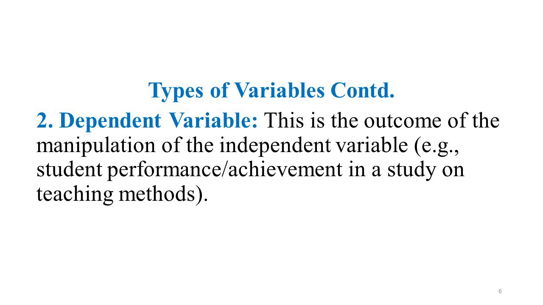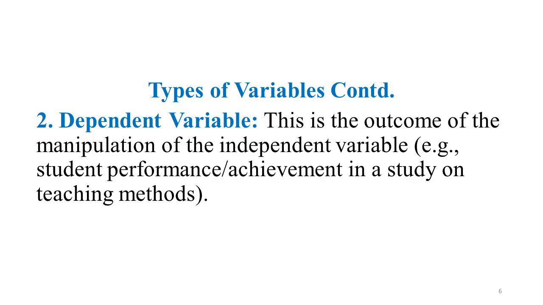The second type of variable we mentioned earlier is dependent variable. This is the outcome of manipulation of the independent variable.